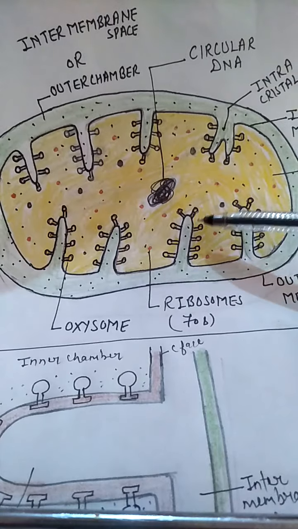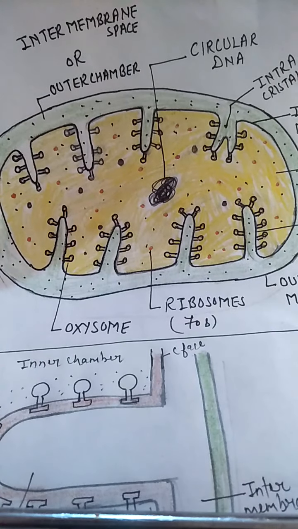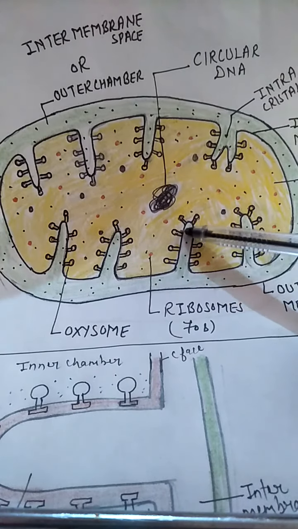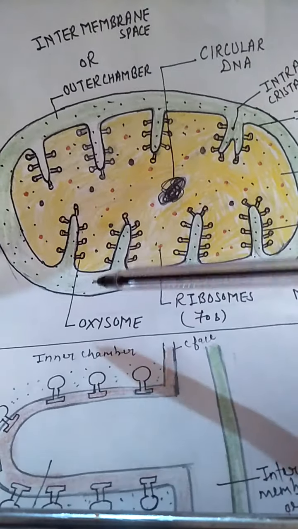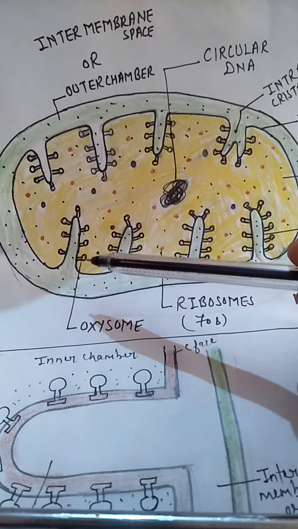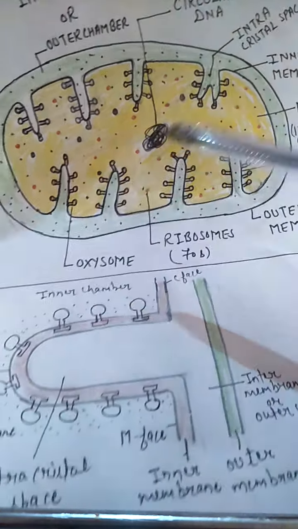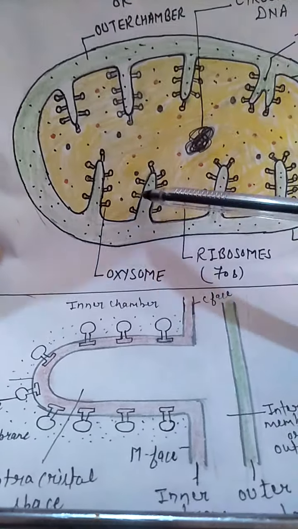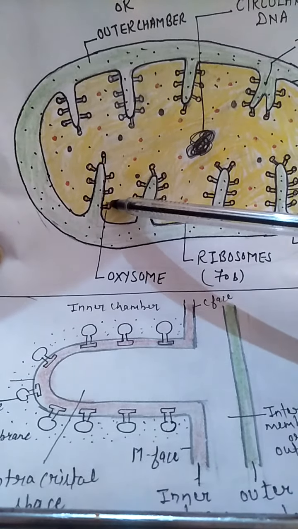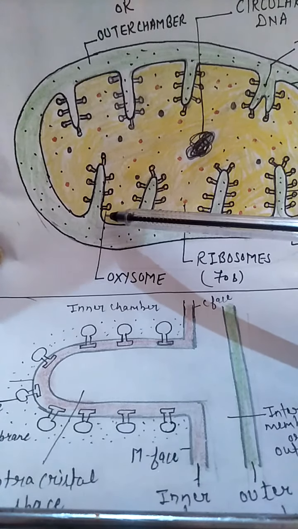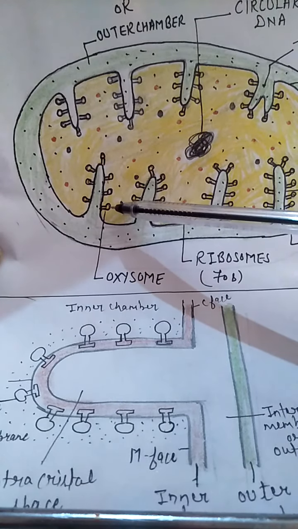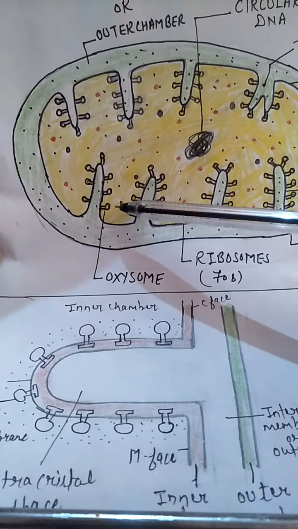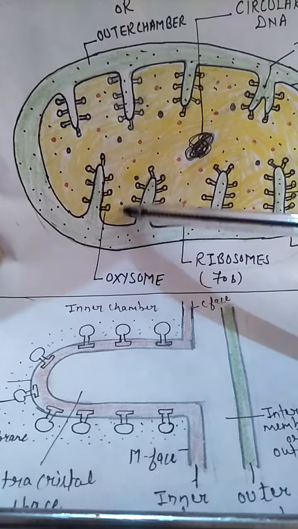The next structures are these lollipop-like structures, known as oxysomes. We also call them inner membrane subunits. They are present on the crista and contain the enzyme ATP synthase, which is responsible for the formation of ATP during the respiration process.